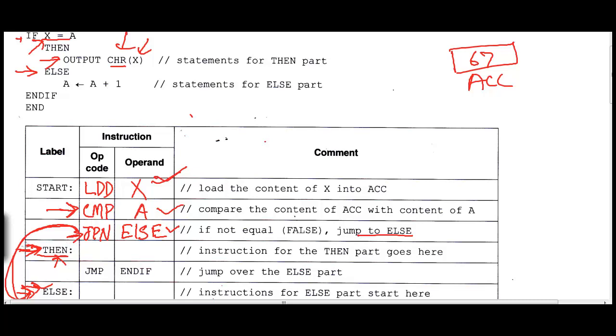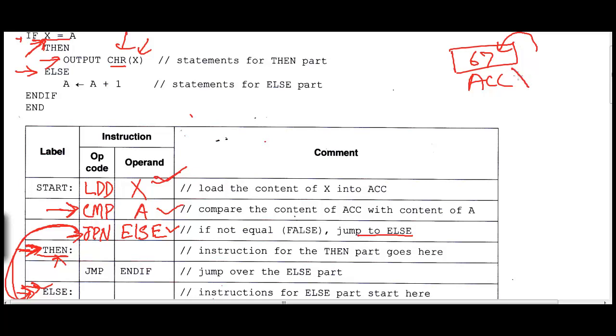However, if the result is equal, then we are going to output the character corresponding to the ASCII code that is held in the variable x. And remember, the value of x is right now loaded into the accumulator. So we don't even need to go to memory.